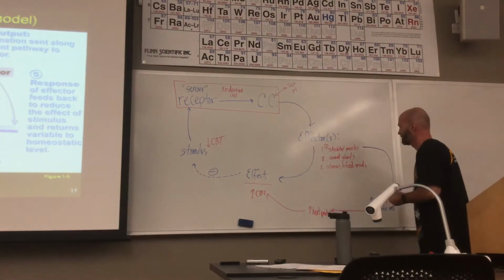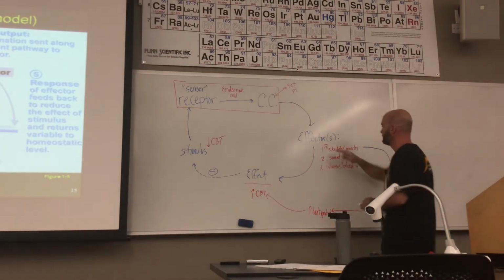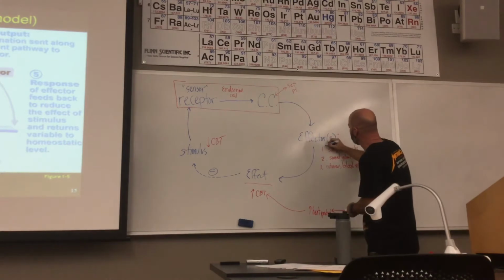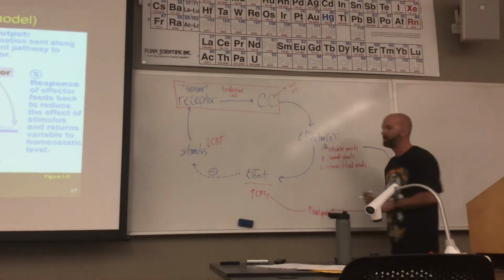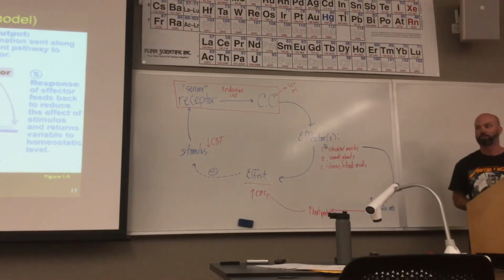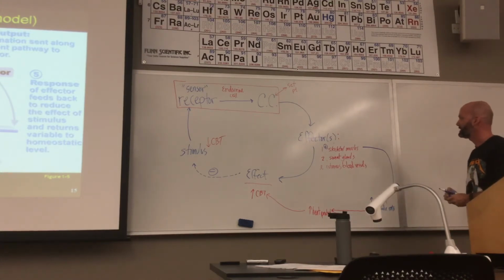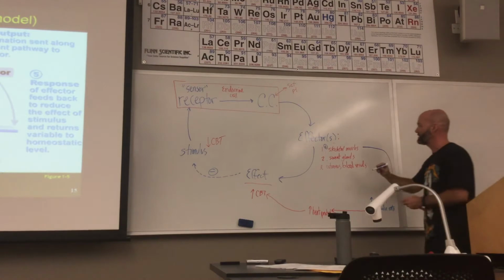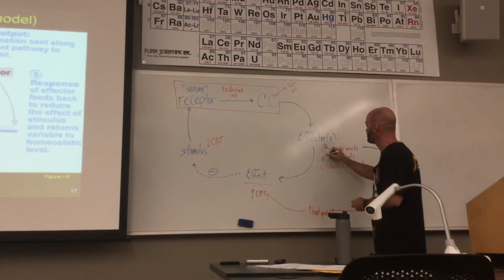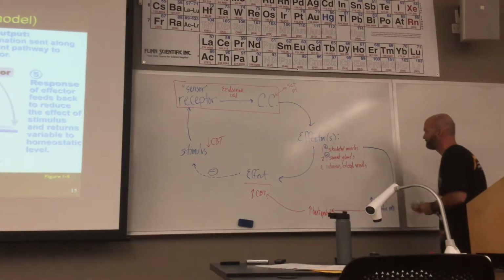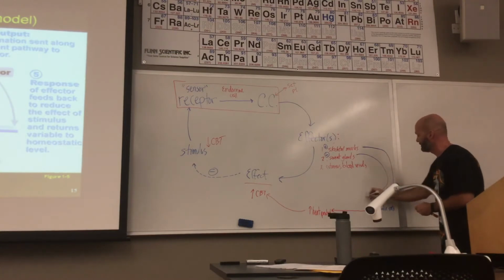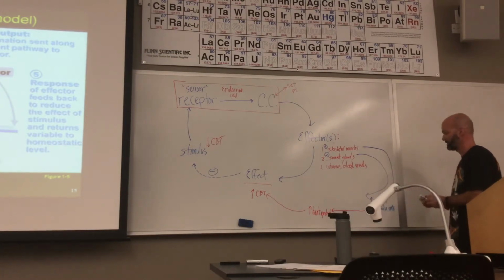Sweat glands. Are we stimulating them? Are we inhibiting them? We don't constrict or dilate, that's blood vessels. We stimulate or inhibit for skeletal muscles and for sweat glands. We're inhibiting. As a result, what happens?